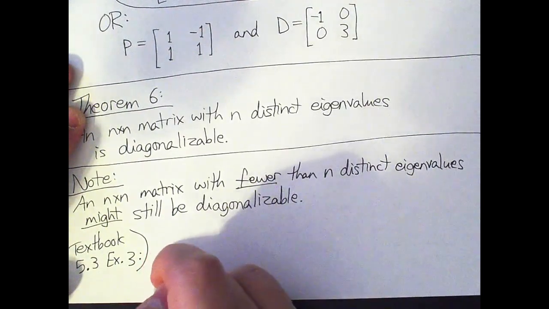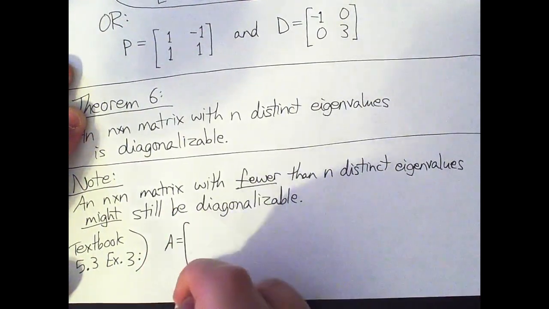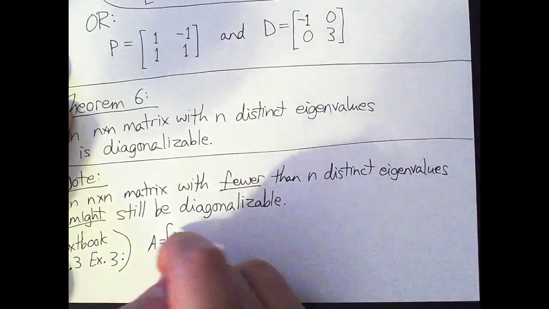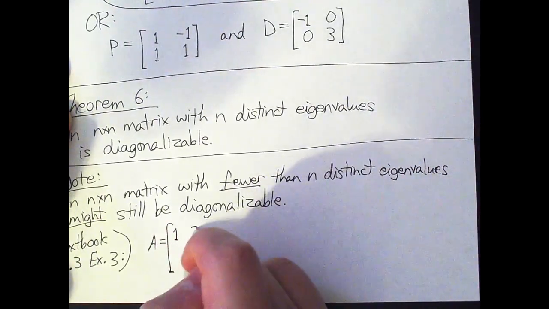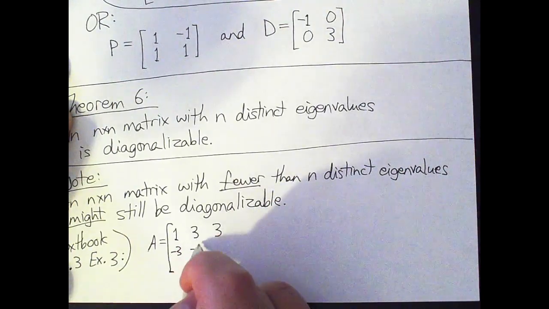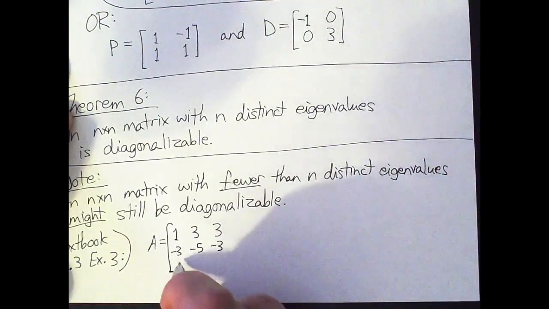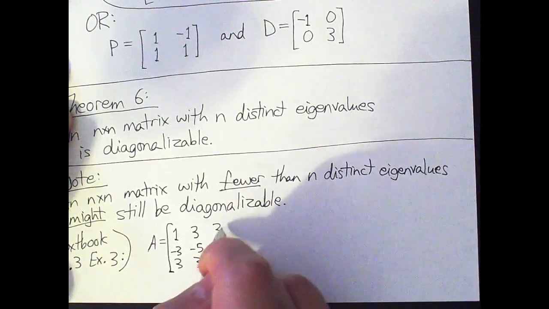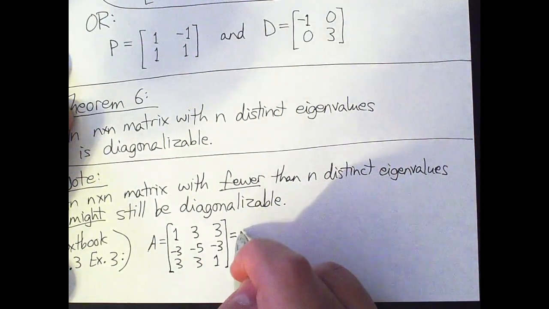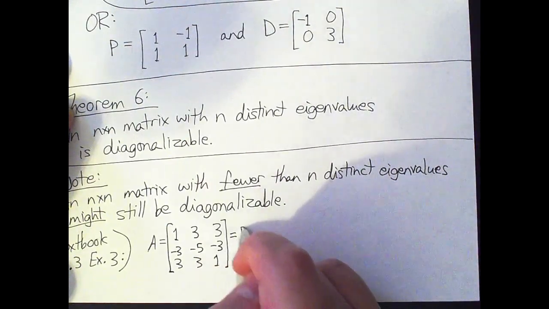It gives a 3 by 3 matrix. Oh, I didn't leave myself much room here. I just want to finish this note. You can refer to this in the book, but 1, 3, 3, -3, -5, -3, 3, 3, 1. It's not super important what all the details are, but it actually is diagonalizable.